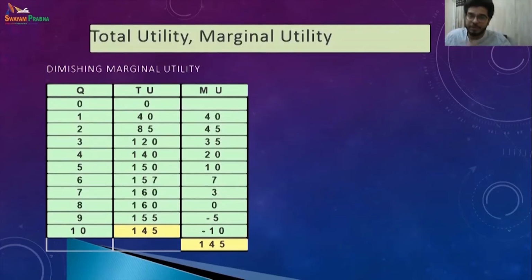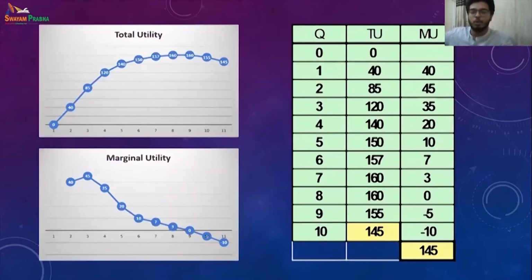Right? So graphically, what do we observe? Over here, you can see the total utility is increasing. On the 7th and 8th, it is the same, 160, 160. And on the 9th and 10th, it is decreasing. You can see that the graph has shifted a little bit, but you can observe that it first increases, reaches the maximum, and then decreases.